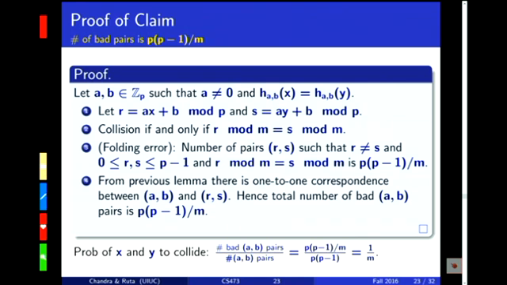Yeah. Why is the one-to-one point important? Because I am not choosing RS. When I pick a function at random from the family, what am I choosing?